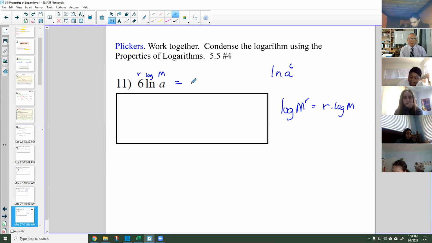So that is the same thing as log, well, I'm going to put ln, m to the r, which is ln a to the sixth. Do you see it? Yes, thank you. You're welcome. Everybody see that? Pretty good? Okay.